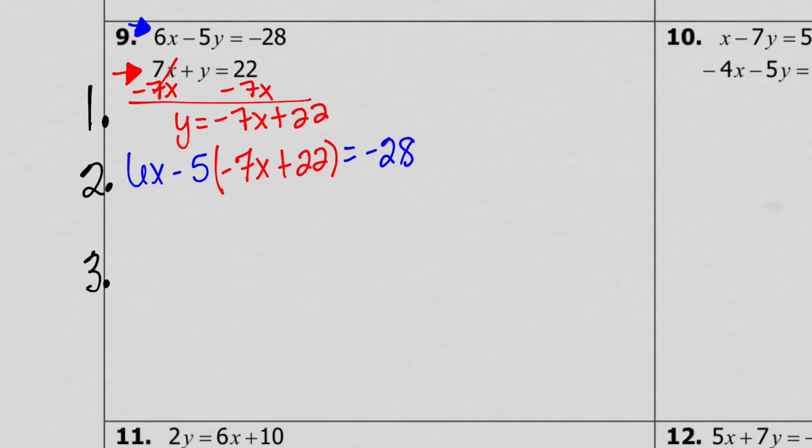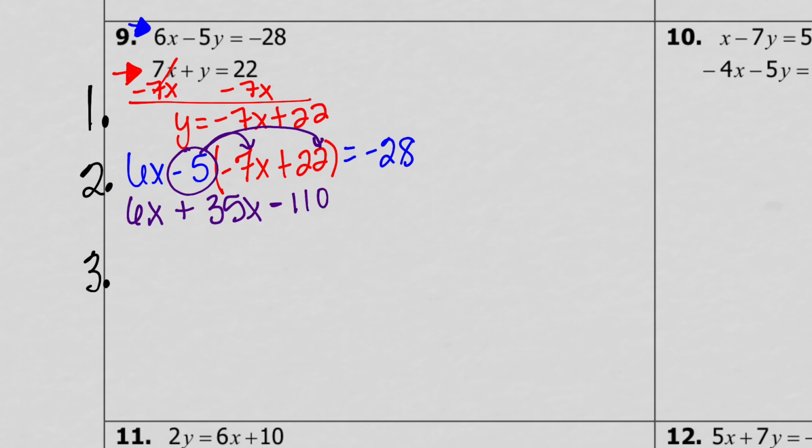So we're going to take our -5 and distribute it to everything in the parentheses. So we're going to drop down our 6x. -5 times -7x is going to be positive 35x. -5 times 22 is going to be -110.